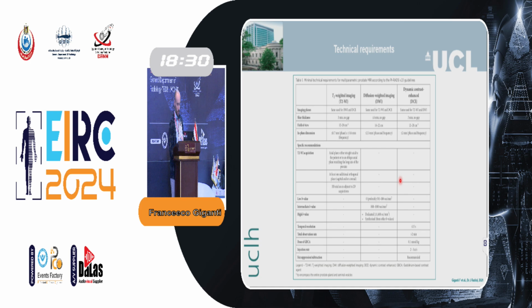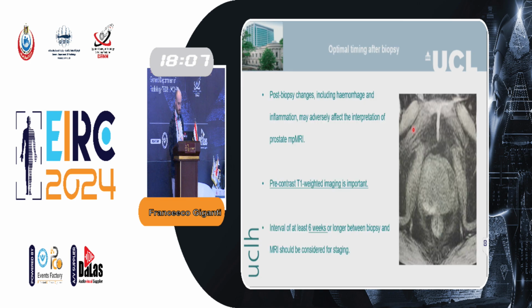For T2 weighted imaging, it's important to have a slice thickness of 3 millimeters, for diffusion 4 millimeters or less, and for DCE 3 millimeters. For T2 weighted imaging, it's also important to have axial and coronal or sagittal planes. For diffusion, it's important to have a high b-value sequence. And for DCE, it's important that the temporal resolution is up to 15 seconds.